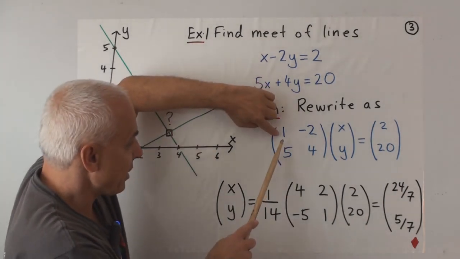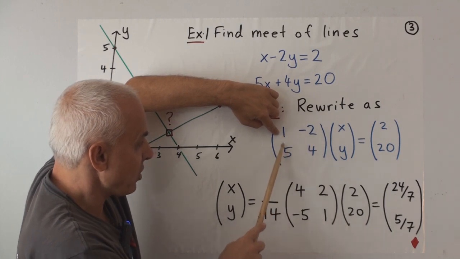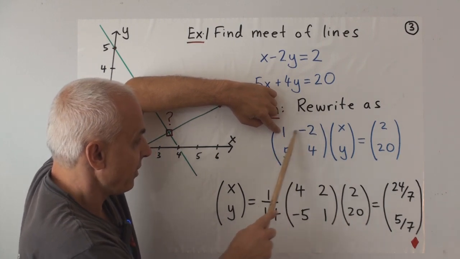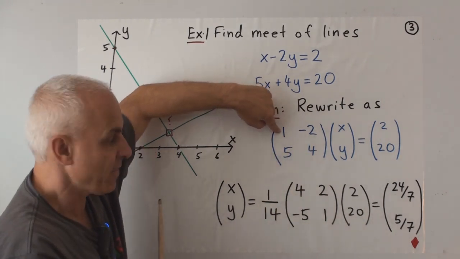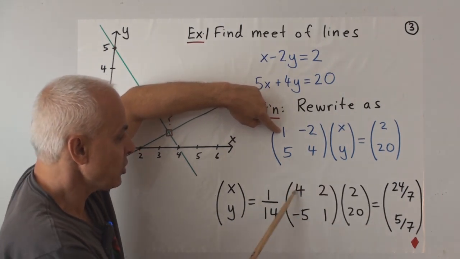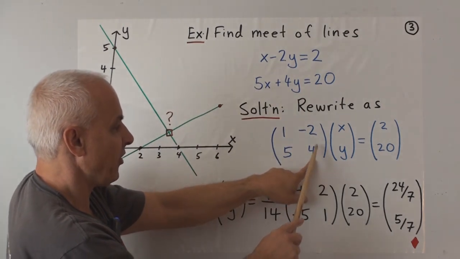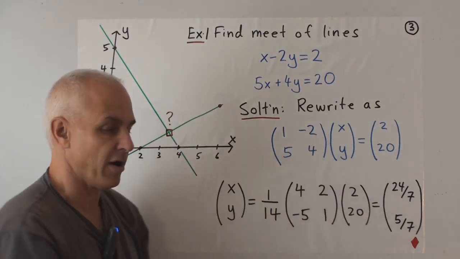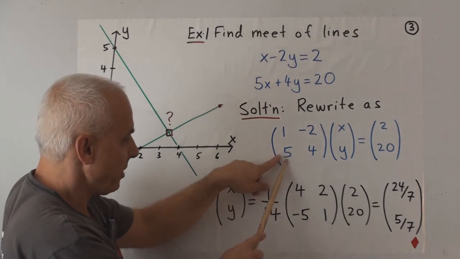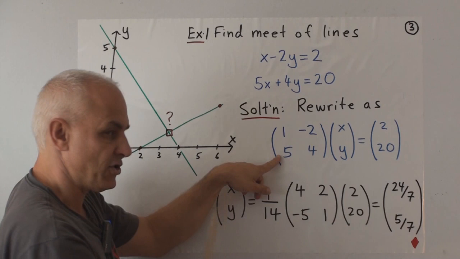So I remind you that the minors are the things that you get by eliminating a row and column. Say through that one there, you just get this minor 4. And its determinant is 4. So we put that 4 there. The determinant of the minor corresponding to this position is just the 1, so it goes there. The determinant of the minor corresponding to this is that minor there, that's minus 2.